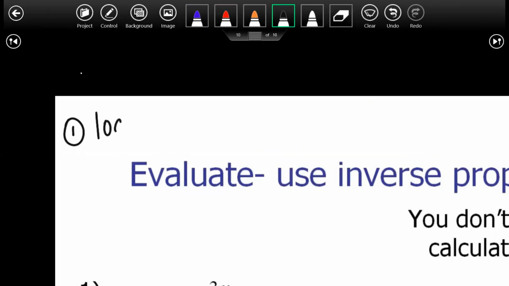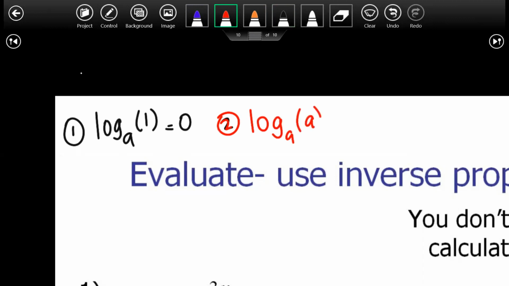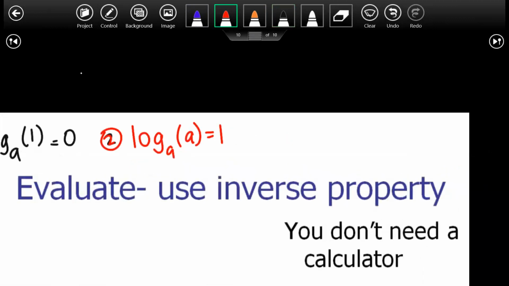Log a of 1 is equal to 0. What was 2? Log a of a is equal to just 1. What was the third property?